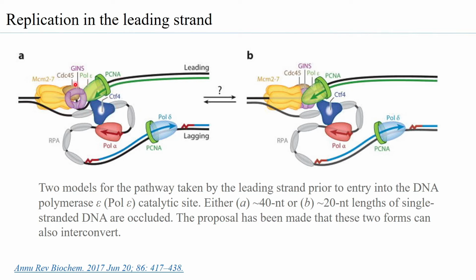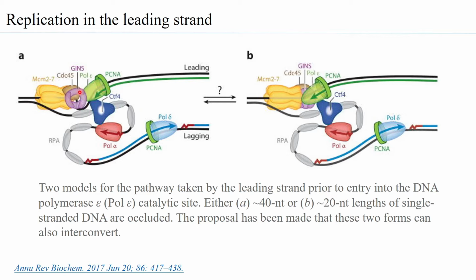So, based on this interaction of the CMG complex with the leading strand, there are two models that have been proposed, by which the leading strand single strand enters the catalytic domain of the DNA pol epsilon. One of the models suggests that around 40 nucleotides of single-stranded DNA precede the double-stranded DNA that the PCNA is bound to.